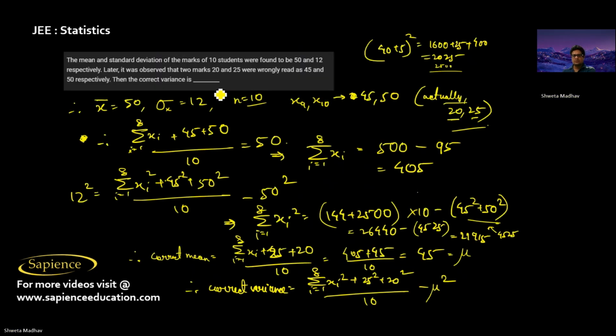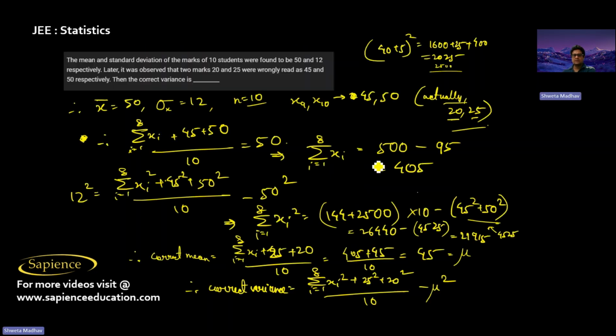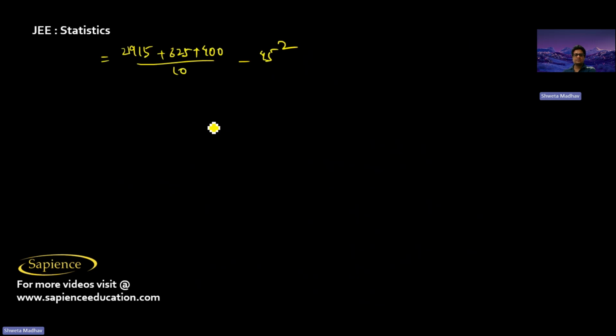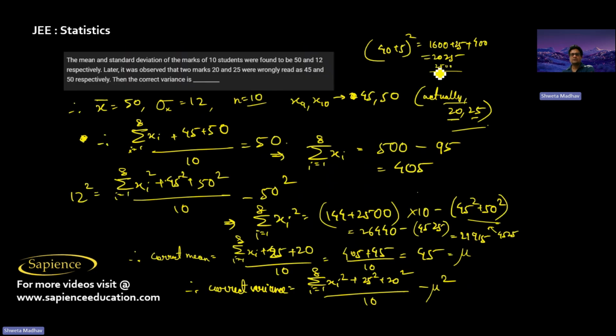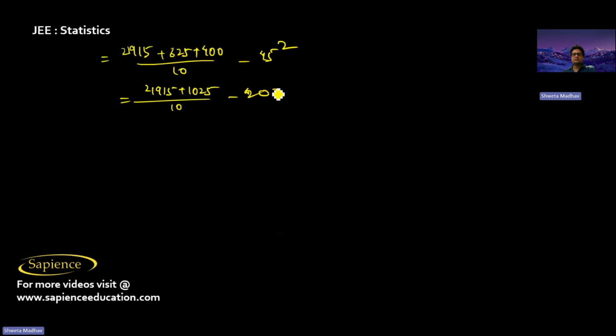So the correct variance will be equal to 21915 plus 25 square, that is 625, plus 20 square, 400, divided by 10, minus the correct mean square. So this will be 21915 plus this is 1025, divided by 10, minus 45 square, which we have found, that is 2025.